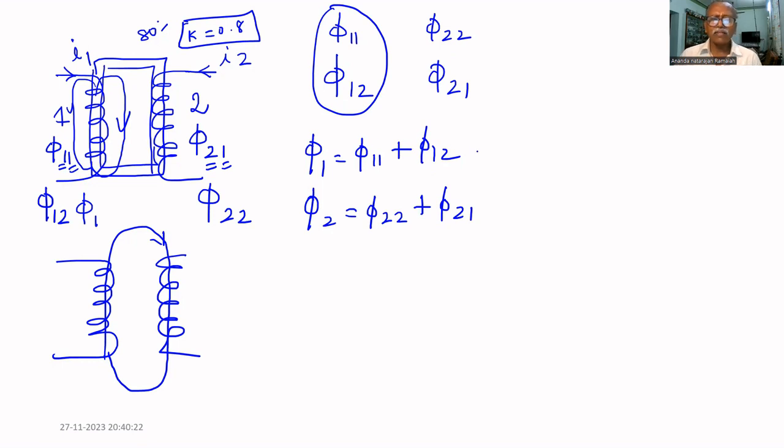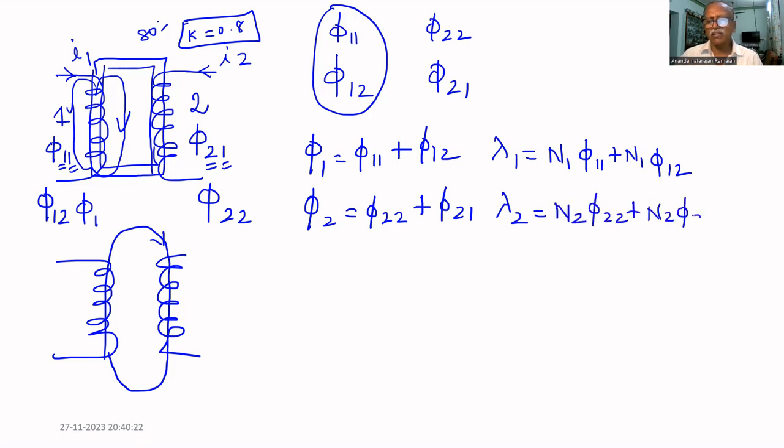If you want to find how much flux is linked with the first coil, N1 turns are there. The flux linkage of the first coil equals N1 phi 1,1 plus N1 phi 1,2. Similarly, the flux linkage of the second coil is N2 phi 2,2 plus N2 phi 2,1.